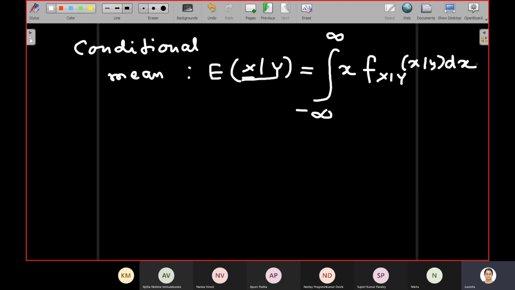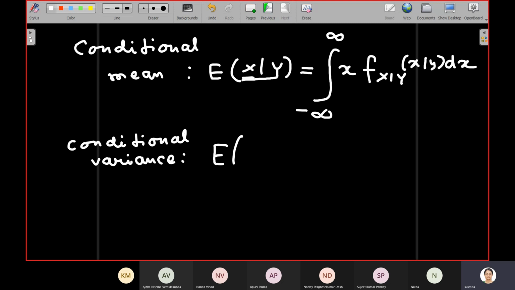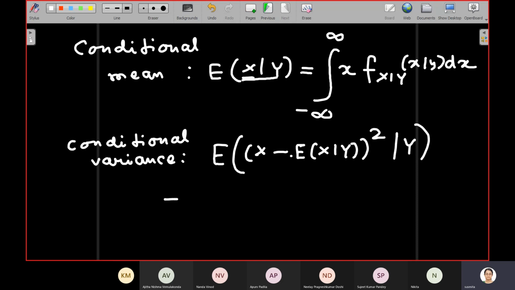Okay. Then for the conditional variance, the same thing has to be done for variance. Given y, actually we need to do everything with the conditional PDF.